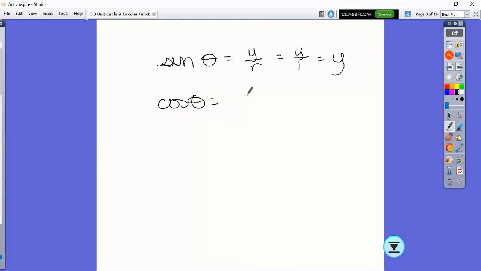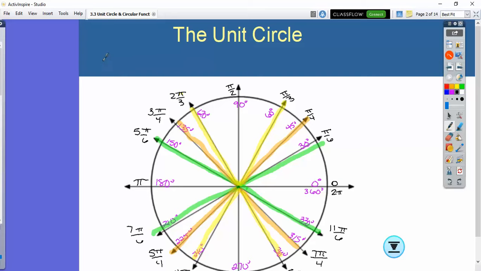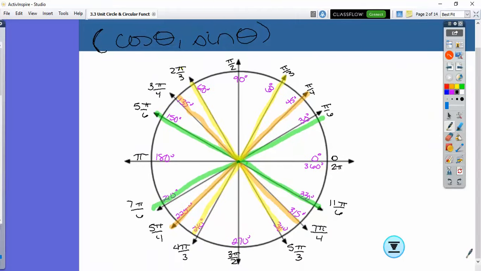Definition of cosine is x over r, but if it's a unit circle, that is x. So we are going to add ordered pairs to this. The x is your cosine, the y is your sine.